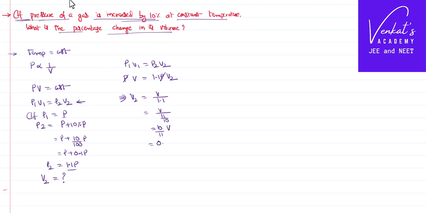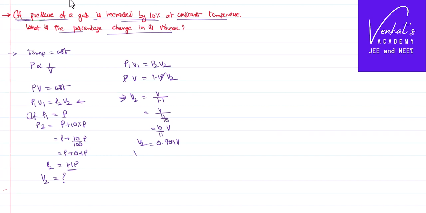That is 0.909 times of V. So new volume is 0.909 times of V. So what can we say? Change in the volume is V2 minus V1, no, I have to say V1 minus V2 because V2 is less than V1.